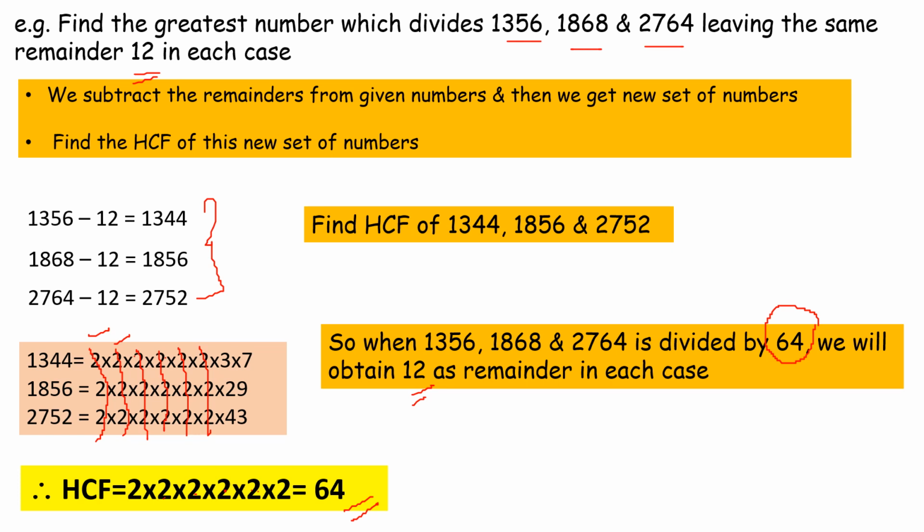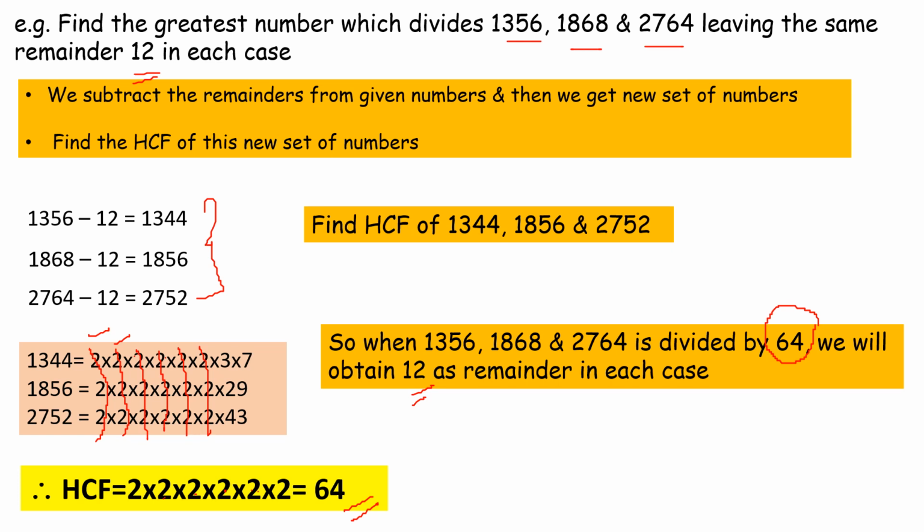HCF you will use when you want to reduce a fraction to its lowest form, when you have to divide the given set of numbers leaving exactly the same remainder, and when you have to divide the given numbers and the remainder is given. A small difference is there.